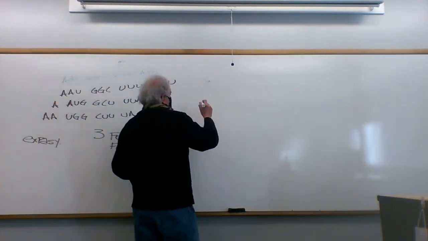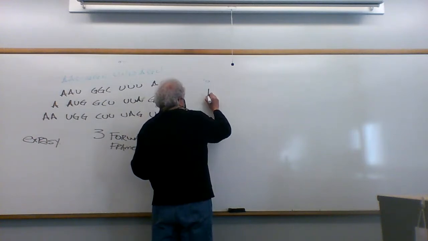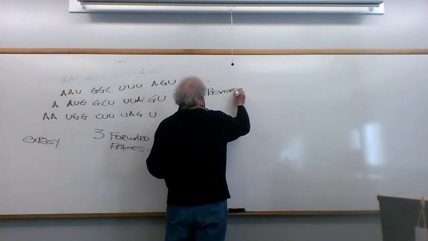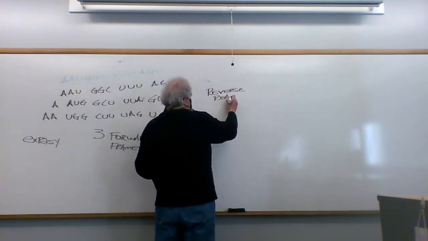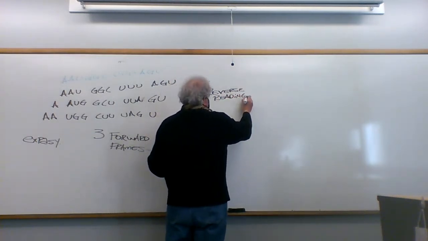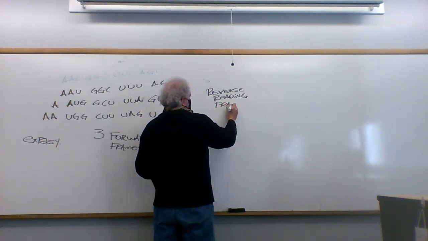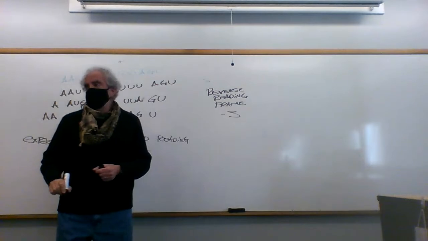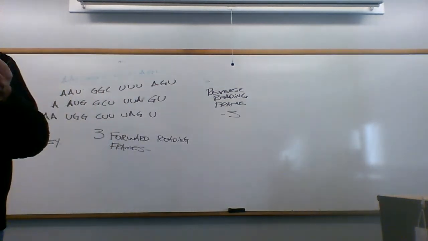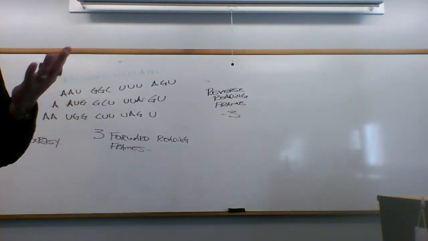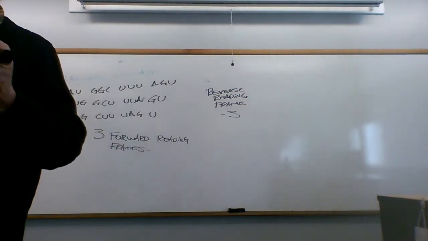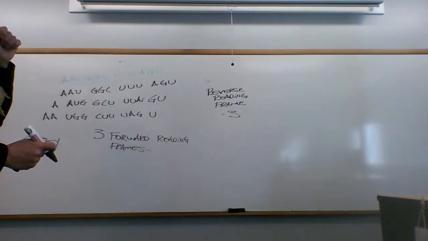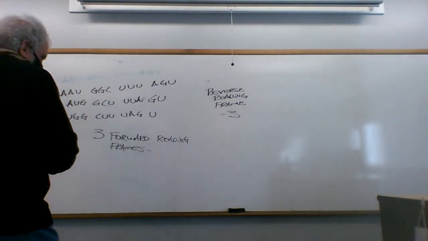And this is referred to as the reverse reading frames. It's just a relative term, but there are always going to be 3 forwards and 3 reverses. So for a given DNA sequence, unless you're told explicitly, there is the possibility of 6 reading frames. 3 forward, 3 reverse.